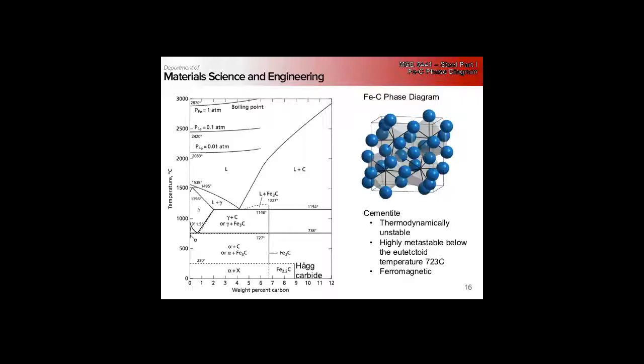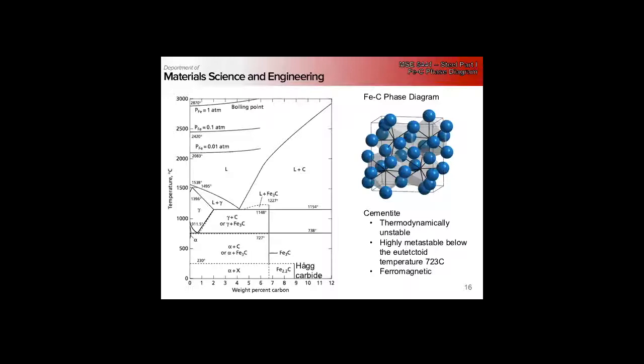Right. So here we have alpha plus carbon or alpha plus cementite. What form does the carbon usually take? Thermodynamically, it is graphite, right? But you don't get there. Metastably, you have these carbides, right?